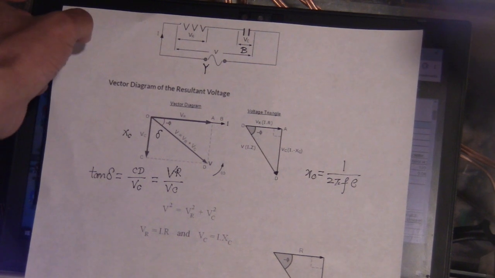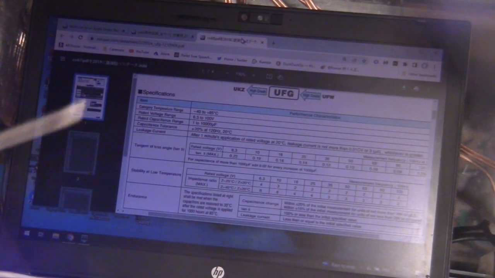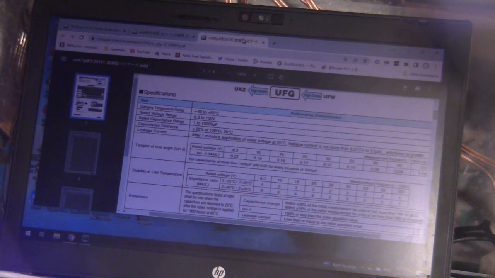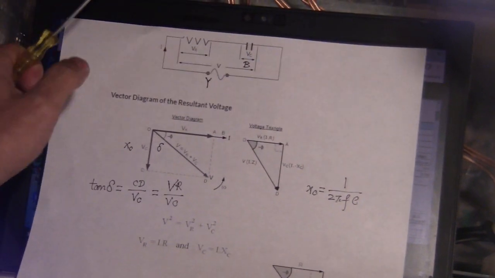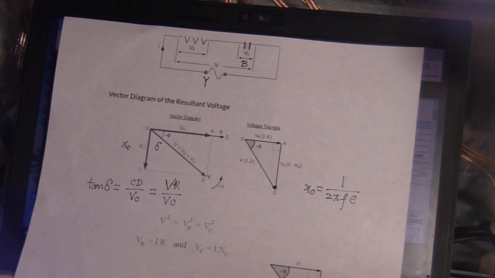On the Mouser website, they have the data sheets of a lot of capacitors, and they also have the life cycle or storage time or something like that. We can reference that.